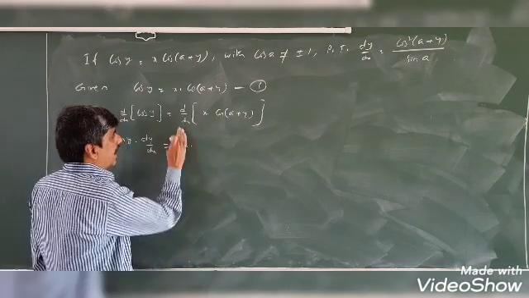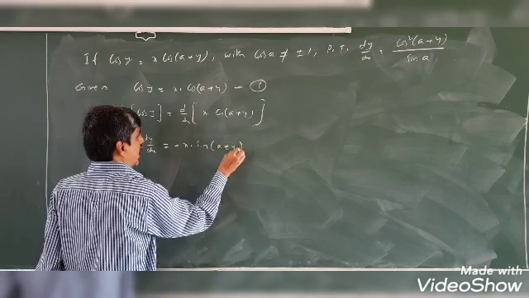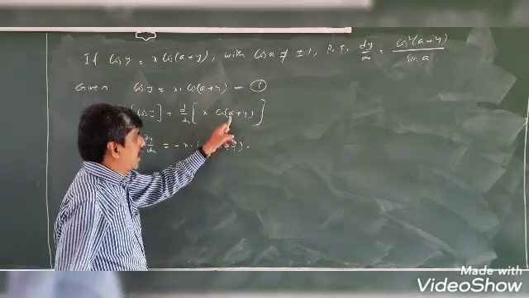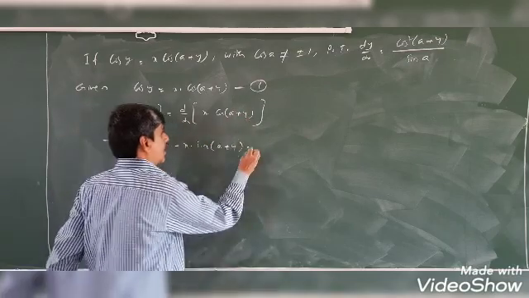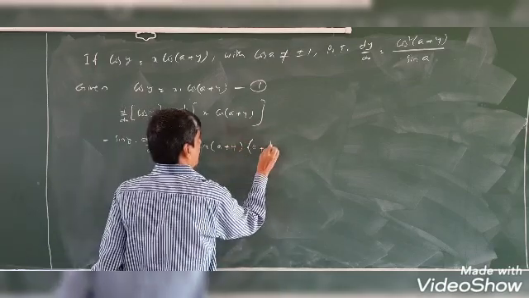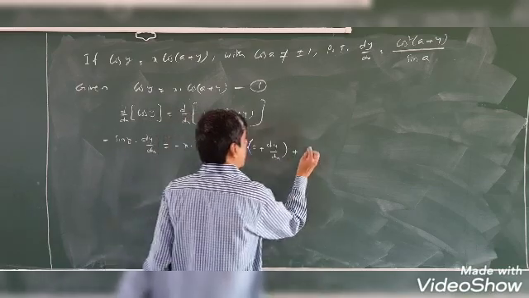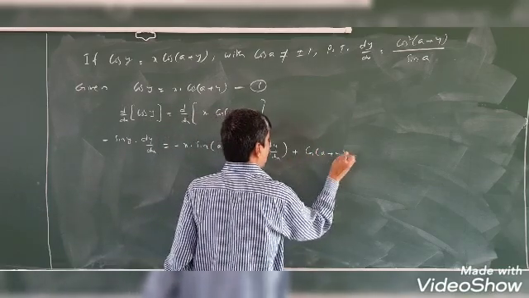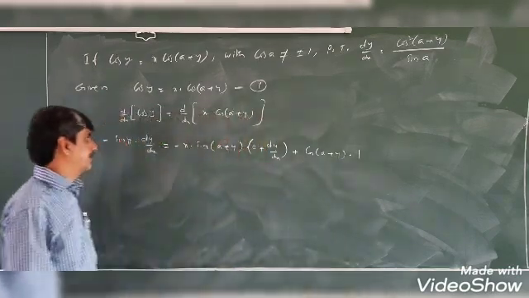So u into d by dx of cos function, which is minus sin of a plus y, but here in the place of x, x is not there. Then d by dx of a plus y: d by dx of a is 0 plus d by dx of y is dy by dx. Plus cos of a plus y into d by dx of x, whose value is 1.